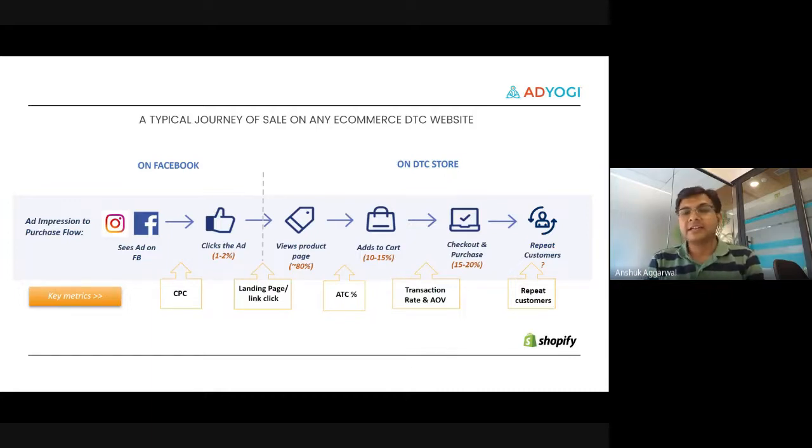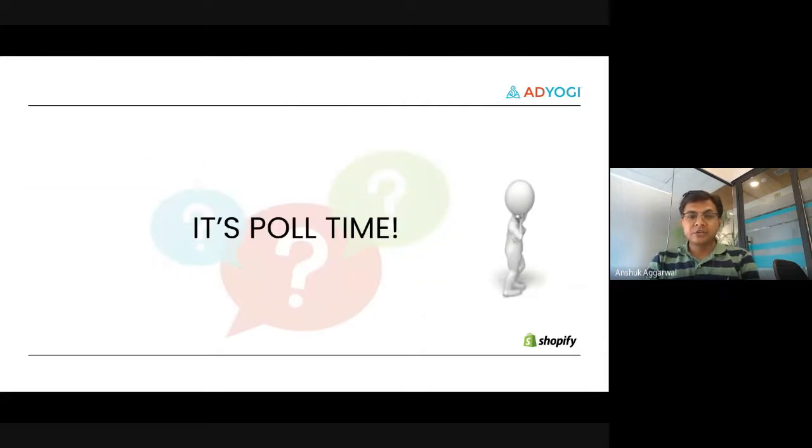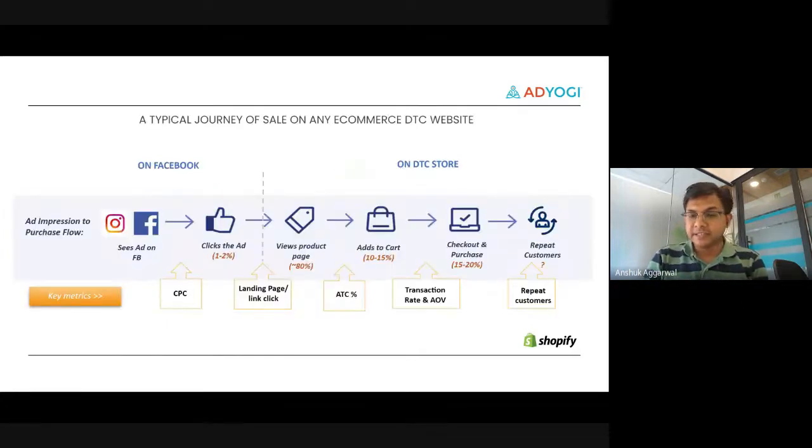And then there is an add to cart percentage: once someone lands on your product page, what percentage of them add the product to cart. There is a transaction percentage: after add to cart, how many make a purchase. Average order value, of course, everybody knows about it. And at the end, there is a repeat customer rate, as to what percentage of your customers are actually repeat customers. So I'll pick out these 6 metrics, and we'll talk more as we go along.